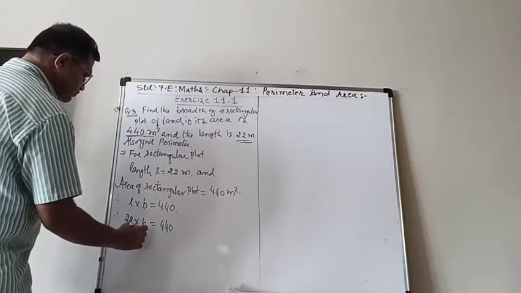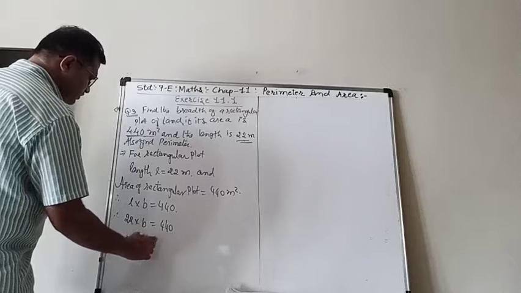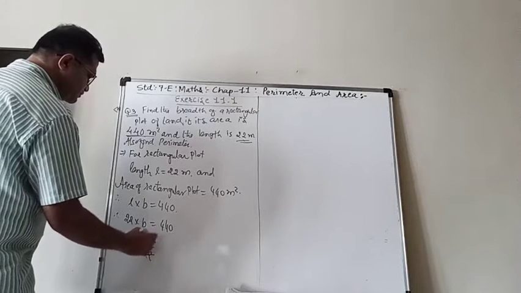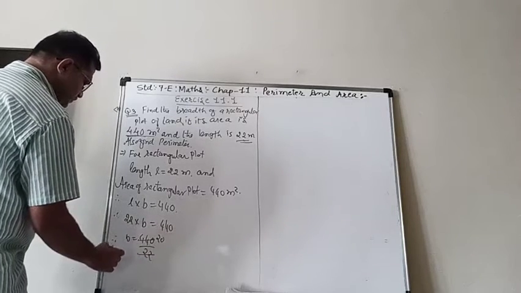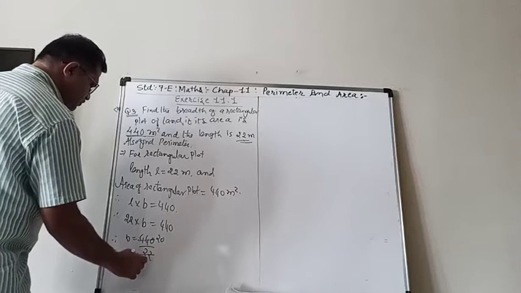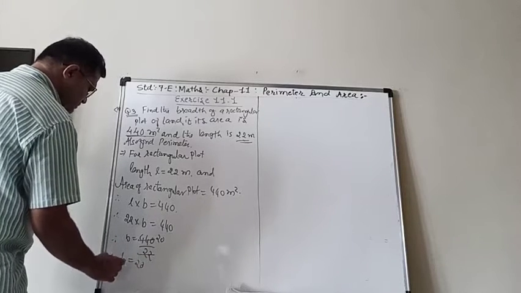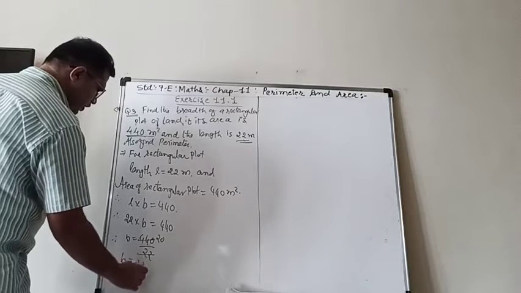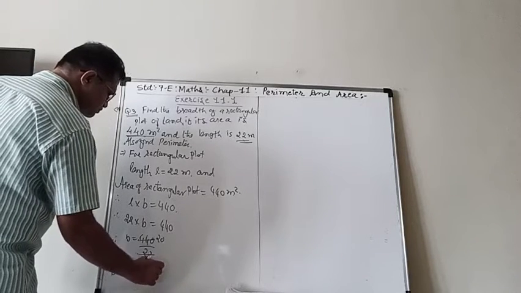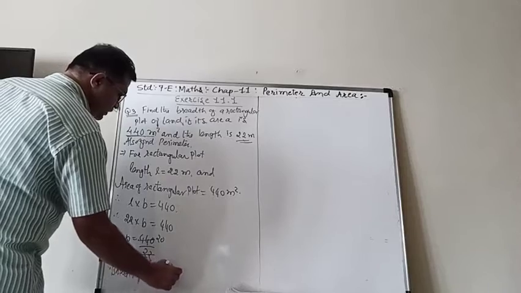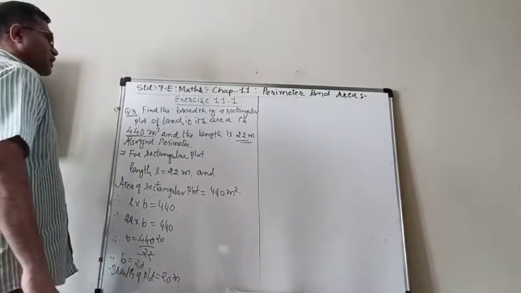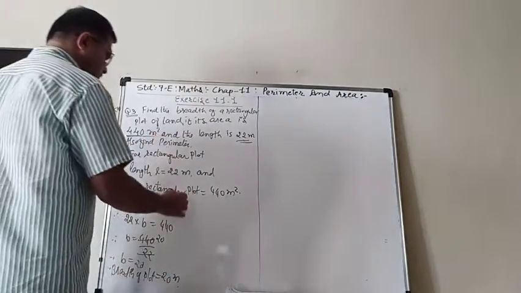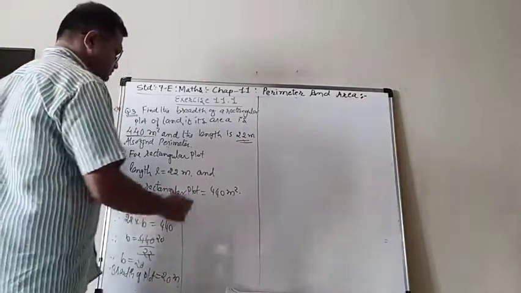So we get B is equal to 440 divided by 22. Therefore, B is equal to 20. Therefore, the breadth of the plot is 20 meters.